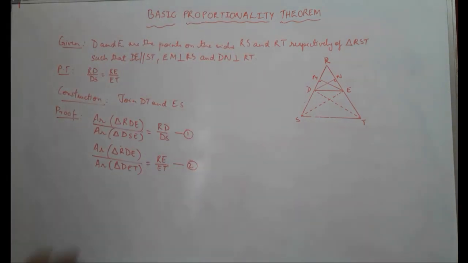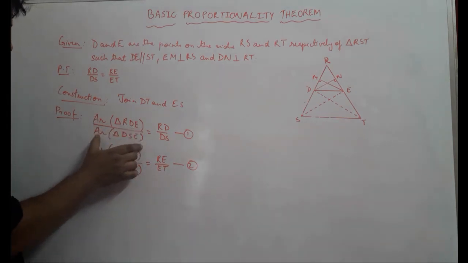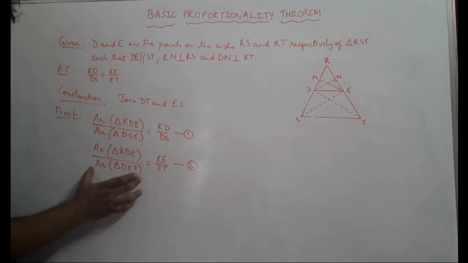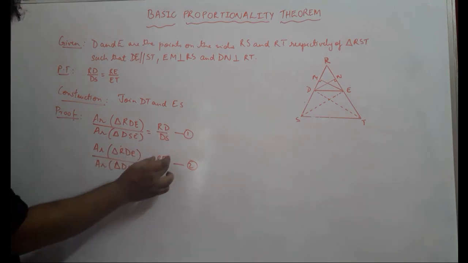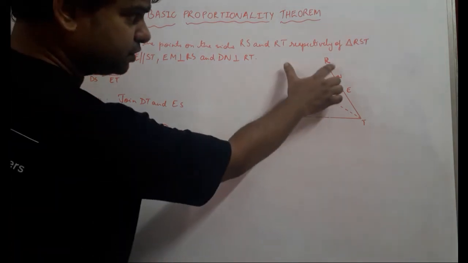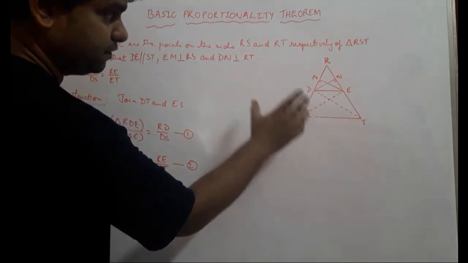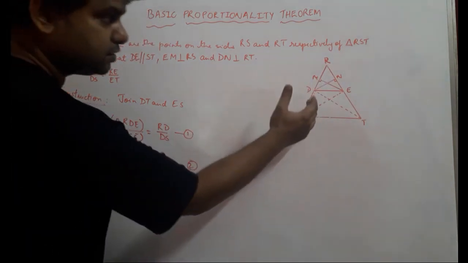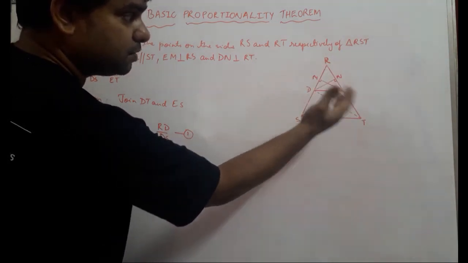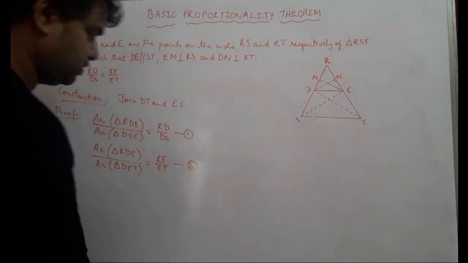So now we have got area of triangle RDE upon area of triangle DSE is equal to RD upon DS, and area of triangle RDE upon area of triangle DET is equal to RE upon ET. So we have got these two sides, RE upon ET and RD upon DS. Now we need to find a way to show that these two sides are equal to each other in proportion. So let us see how to do that.